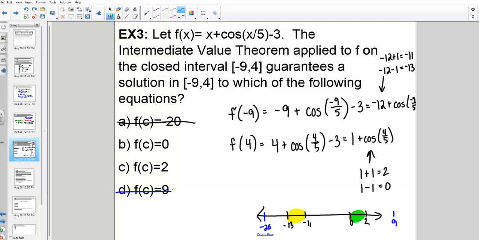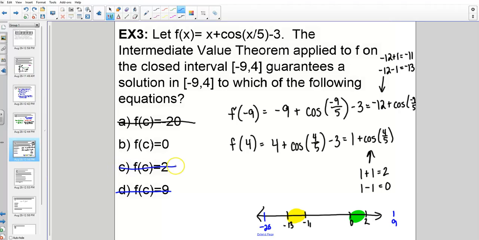So if I think about this a little bit more, in order to get 1, I'd have to have cosine of pi over 2, right? It's 4/5 pi over 2. It is not. So is it going to actually be 2? It is not. It's going to be a little bit less than 2, right?